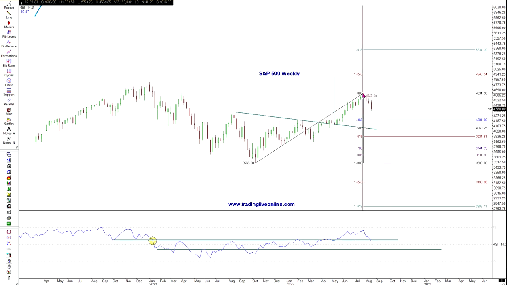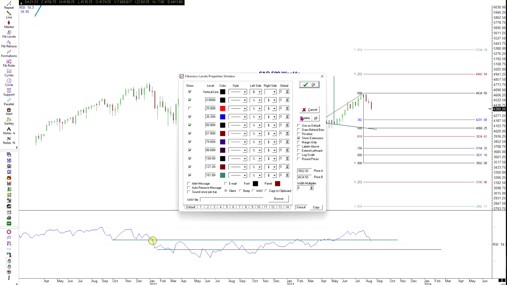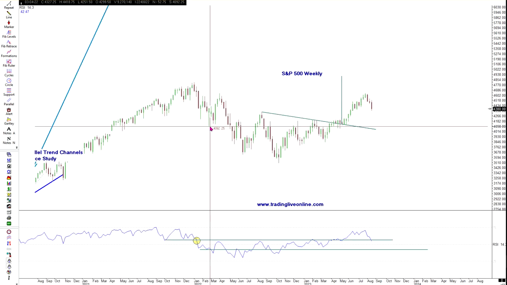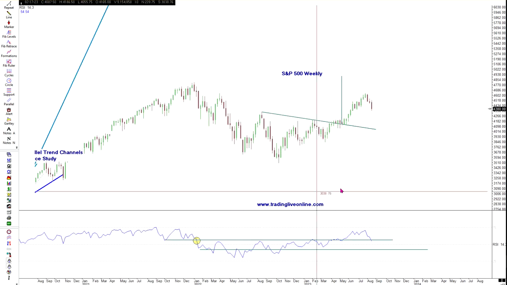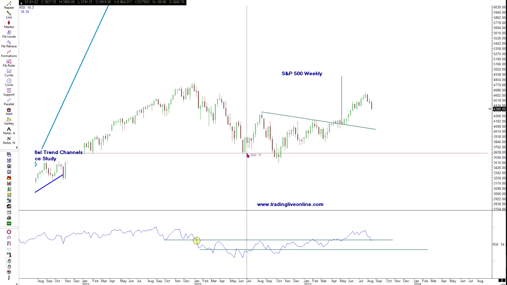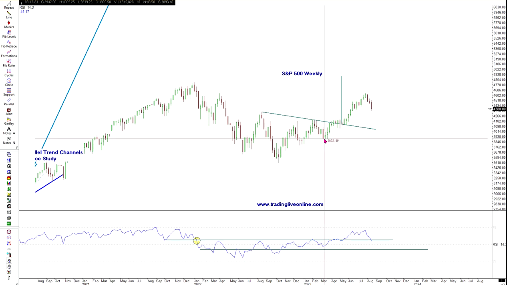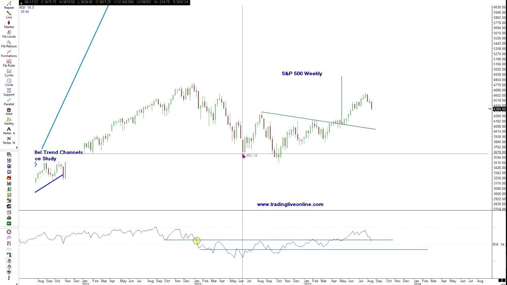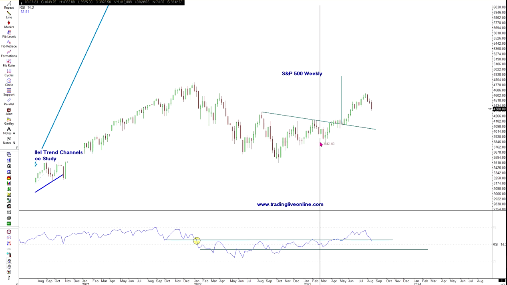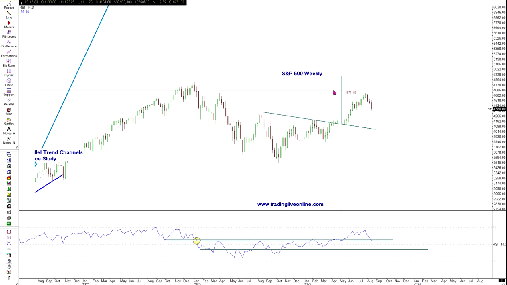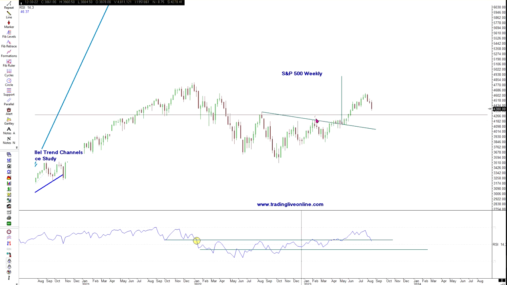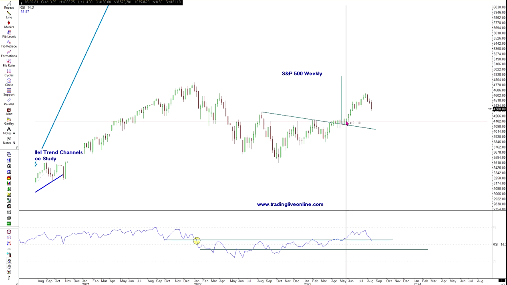I want to take off this retracement right here. We'll put it back on in just a sec. But back here, there's the inverse head and shoulder pattern, which is a bullish pattern. And that's the left shoulder, the head, and the right shoulder. If we look back here on this weekly chart, it was several weeks of the market going back and forth, back and forth.